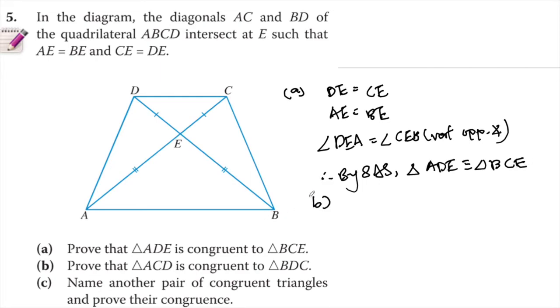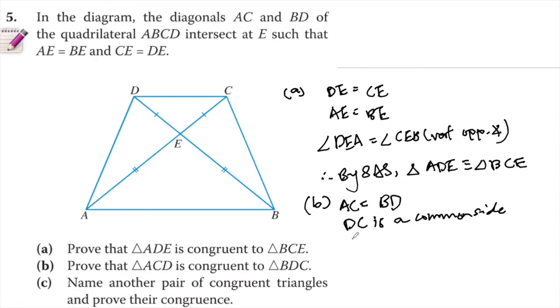And then part B, you want to prove ACD and BDC. So these two are overlapping triangles. What I know here is that AC is equal to BD, and DC is a common side, meaning DC lies on both triangles. So we have side, side.